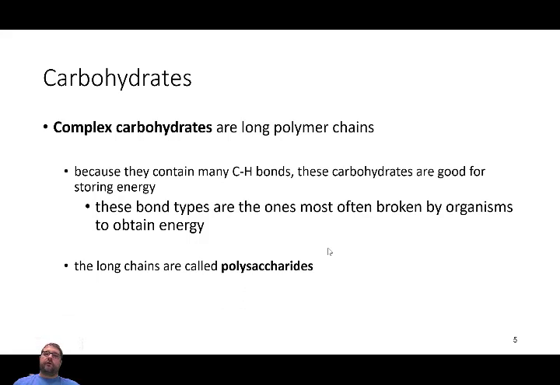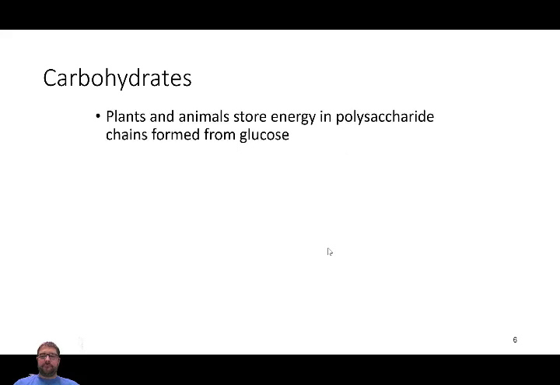Another term for long chains of saccharides is polysaccharides. So you have monosaccharides, disaccharides, and then polysaccharides, meaning multiple sugars stuck together. So what makes carbohydrates unique and highly efficient from an energy standpoint?